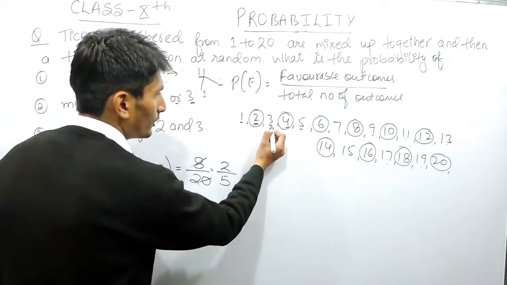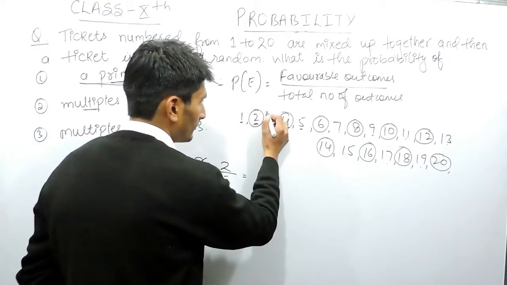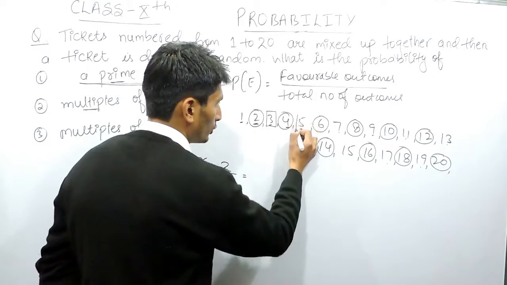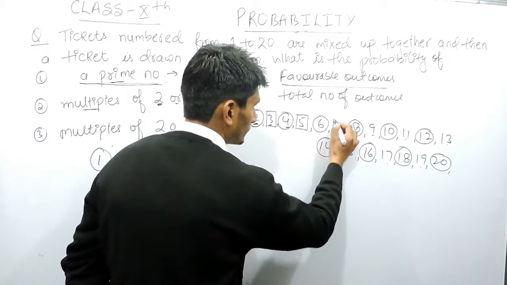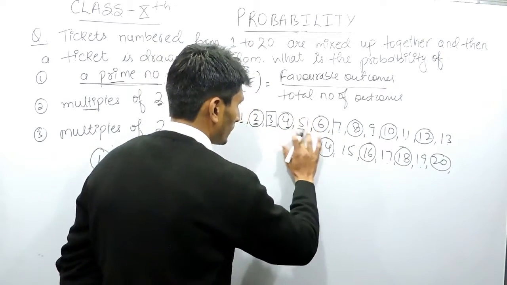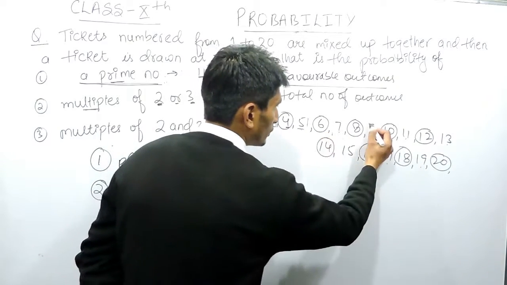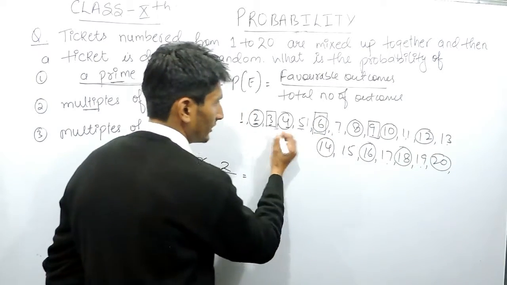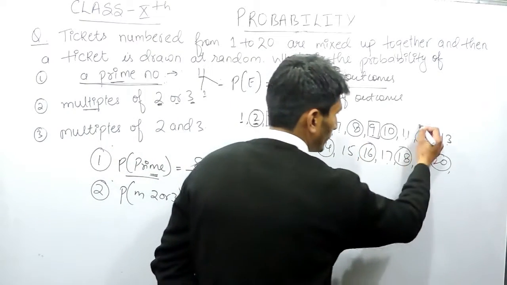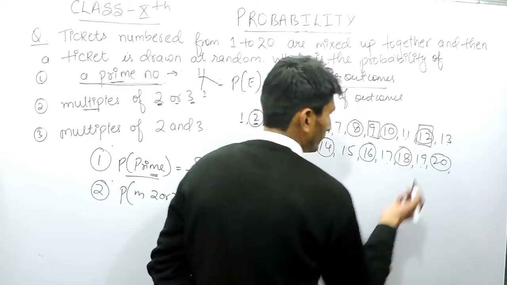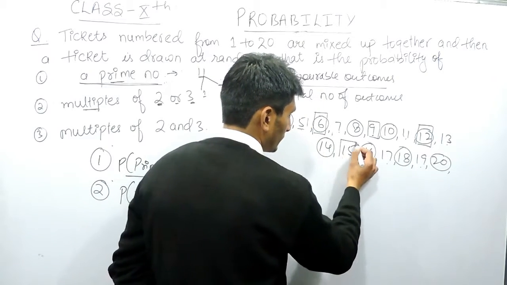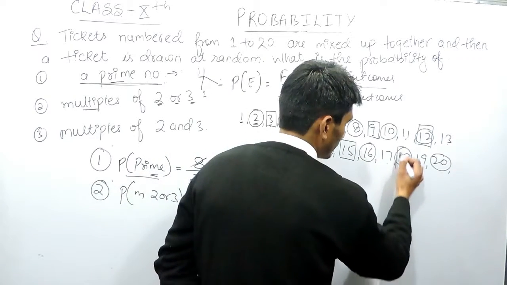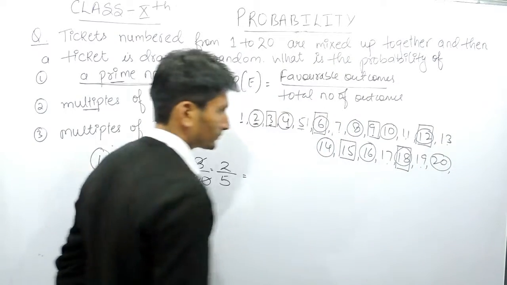And for 3, 1, 2, this is again common here. This is 1, 2, 3. This is again common. 4, 5, and this is again 6.